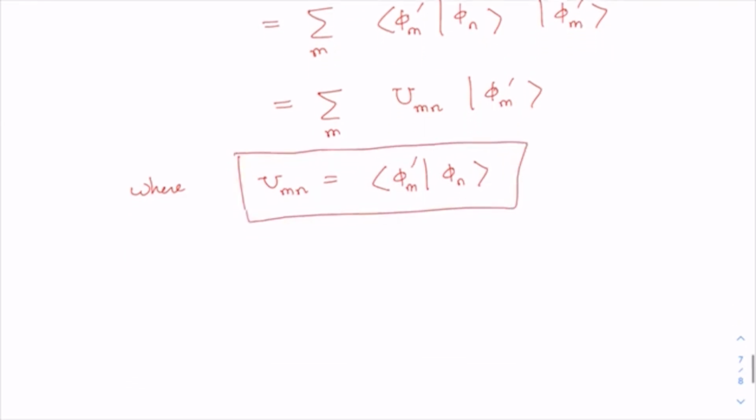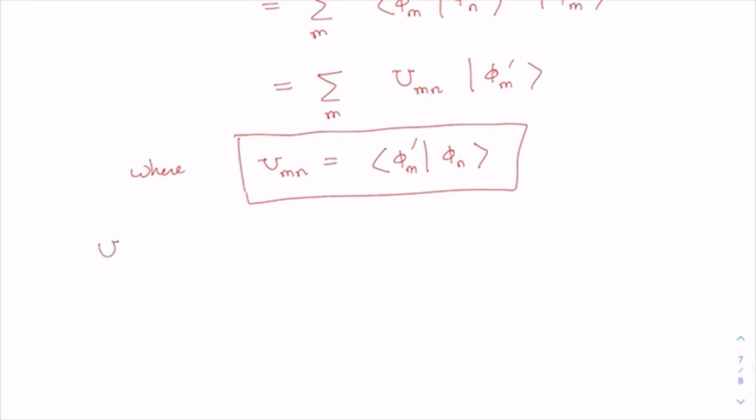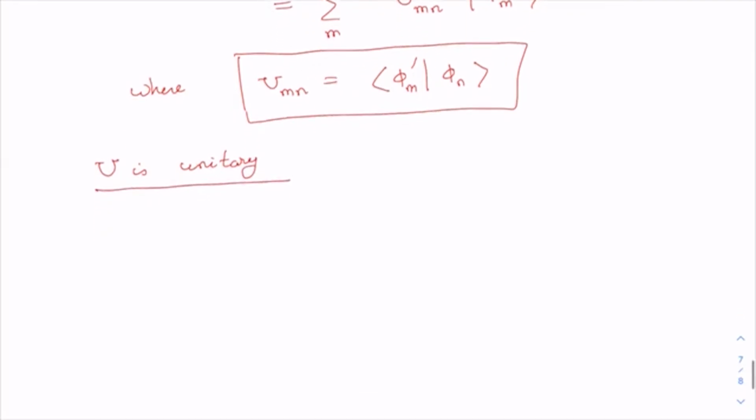Okay, let me show that U is unitary. To prove it, I just need to show, because you know that a matrix U is unitary provided U dagger U is equal to the identity operator.